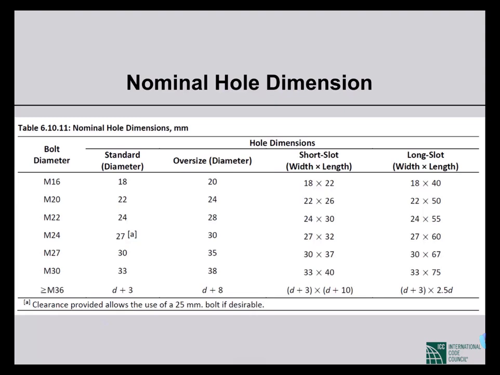Like short slot, the first one for M16, we can have 18 millimeter, just like the standard diameter, in one direction, and in the other direction that may be 22 millimeter. And so this is like a slot, and that slot can be longer. It can be as long as 18 by 40 for the first one, M16. So we see there are different sizes of holes.